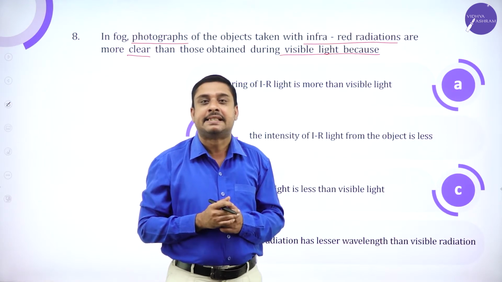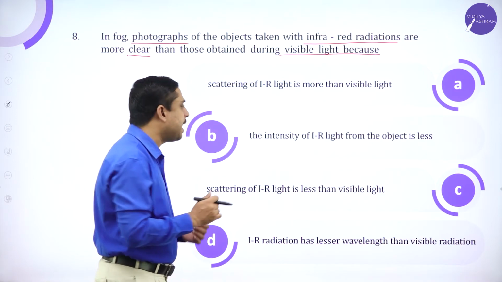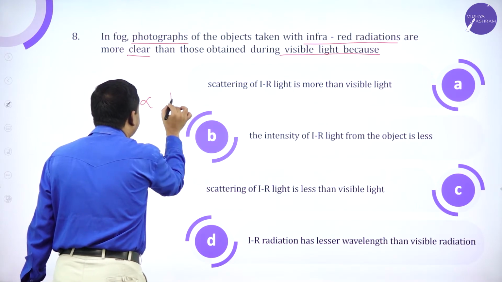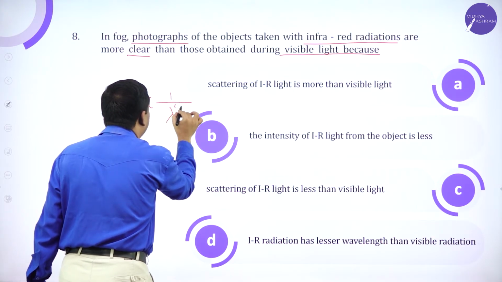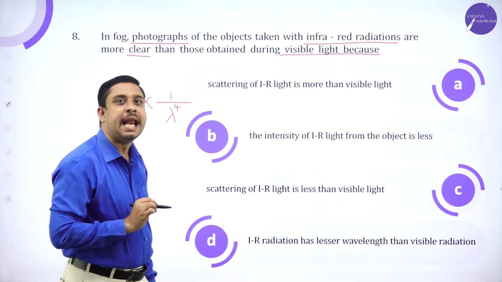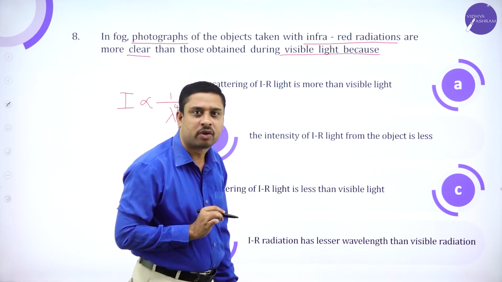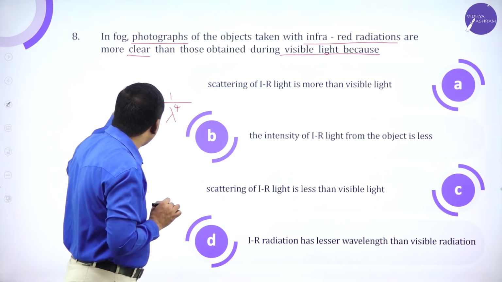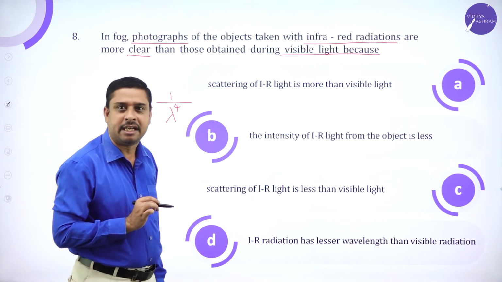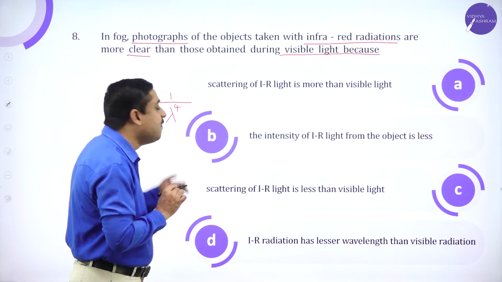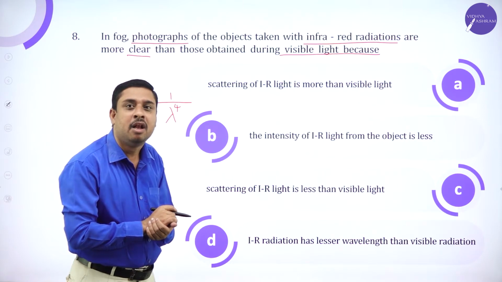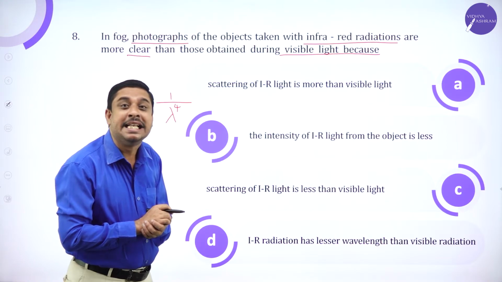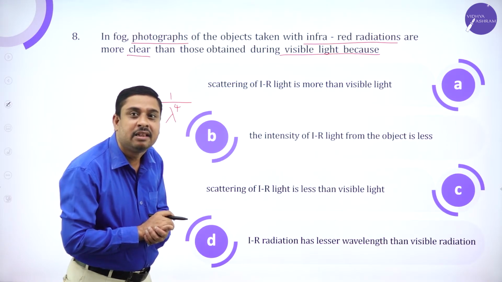Why is the answer? Now Rayleigh's law says intensity is proportional to 1 by lambda to the power 4, or we say the intensity of the scattered light is inversely proportional to the 4th power of the incident wavelength.